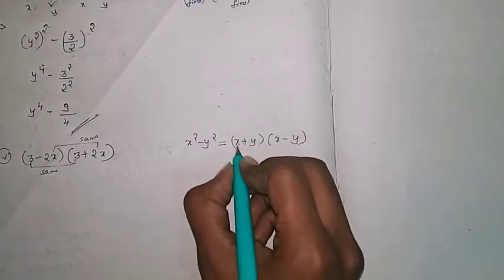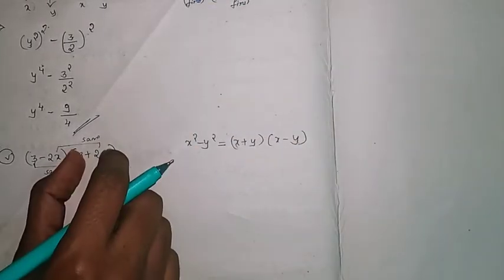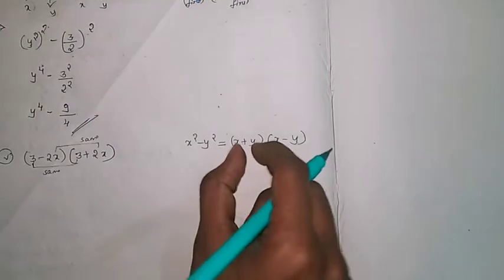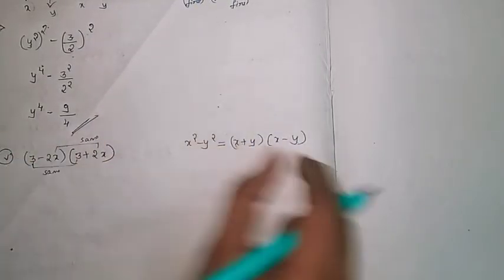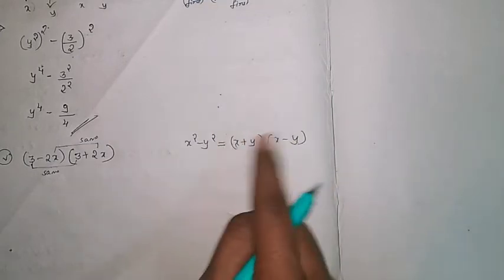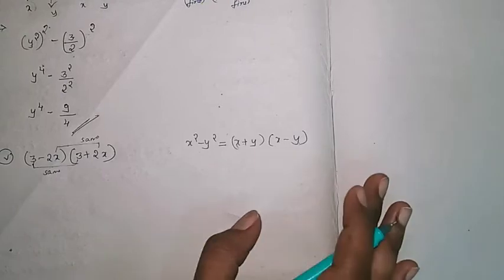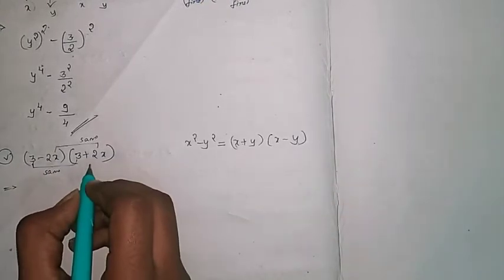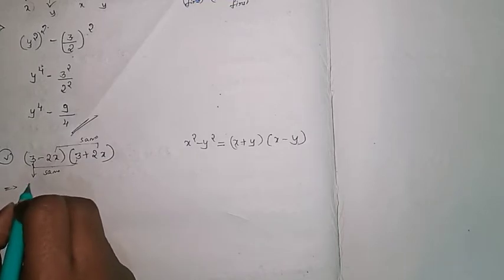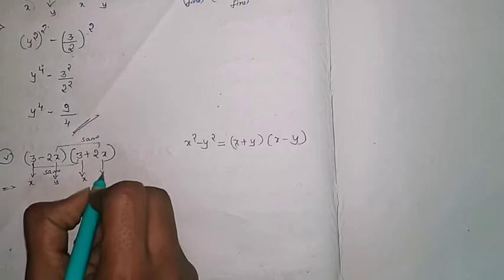Here the positive bracket is the first term and the negative bracket is the same. One into two is also the same, two into one is also the same, because the answer is the same. So we have to adjust with the same method. So we know that this one is the x, this one is the y, this one is the x, and this one is the y.